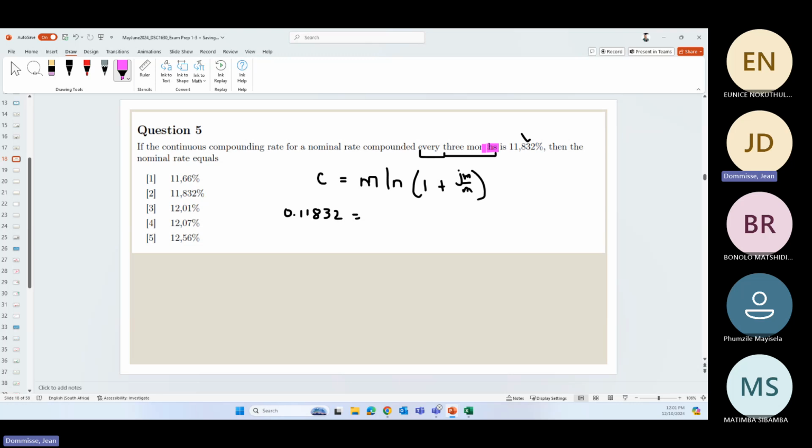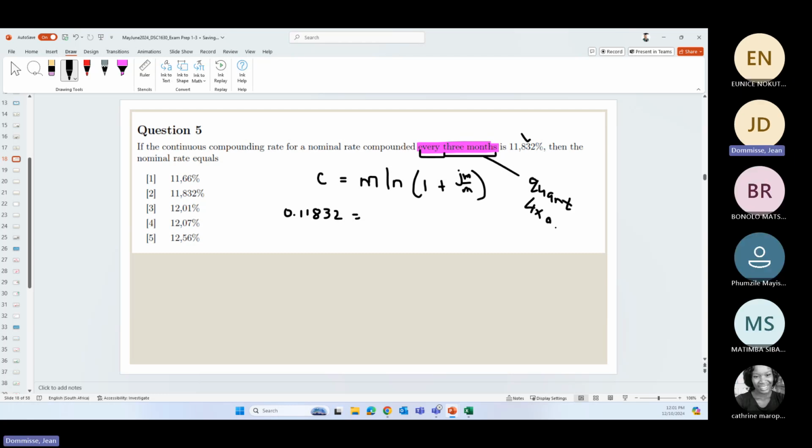They could have, and again, some things that we will just need to learn and remember. That is also quarterly, or 4 times a year.